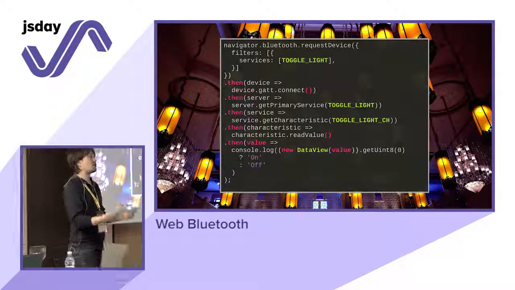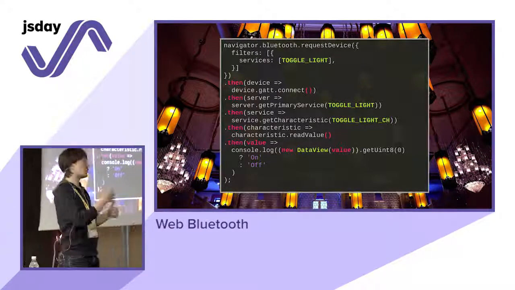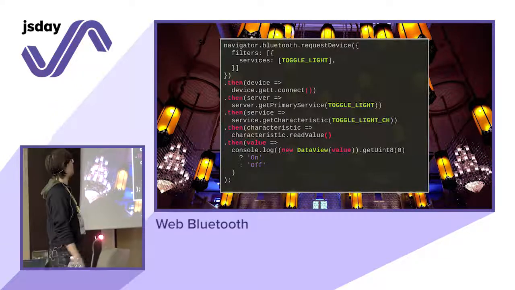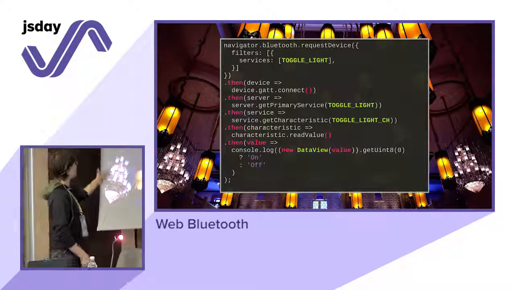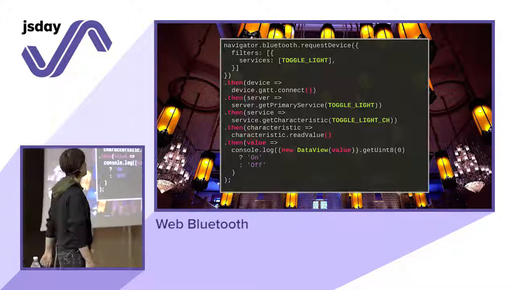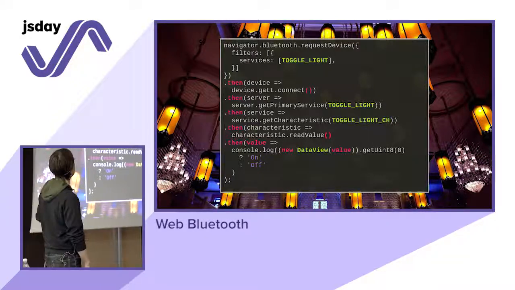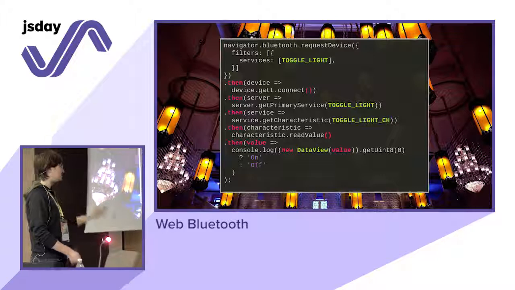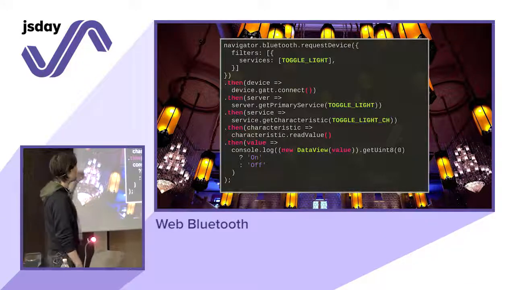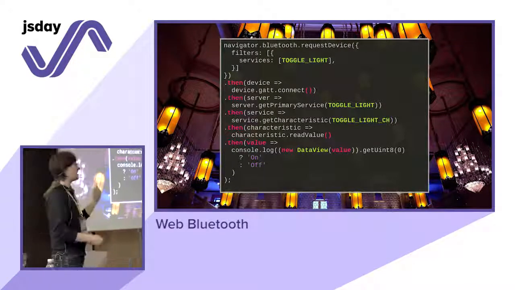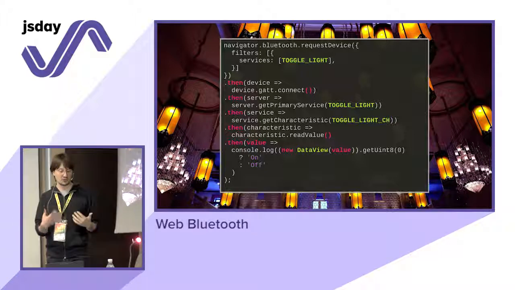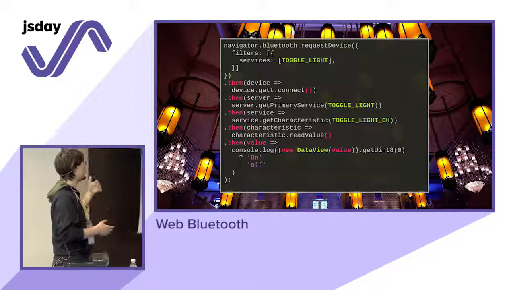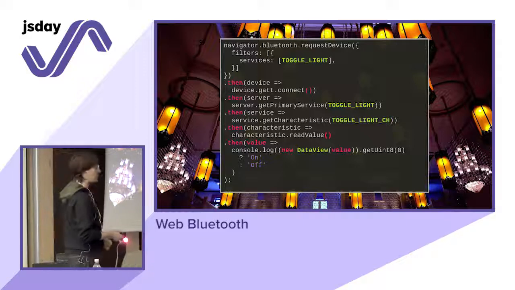When the device is connected, it broadcasts its name, and you can search for a match of part of that name. Once you've got the device, you need to connect to it, and this is pretty straightforward. Then you have to get the service, ask for a specific characteristic, and finally, when you are connected to the characteristic, you can either read a value or write a value.